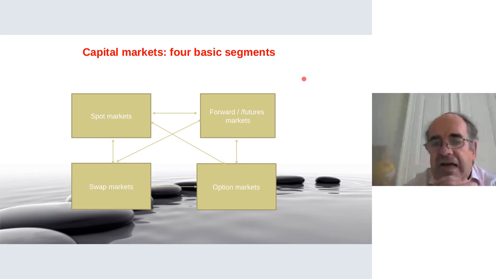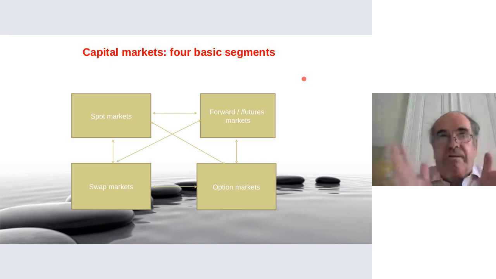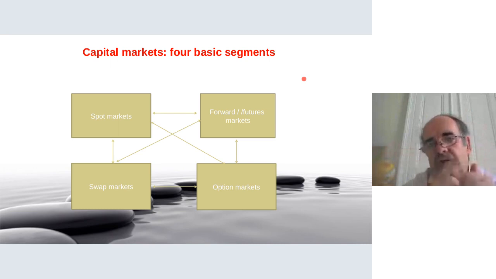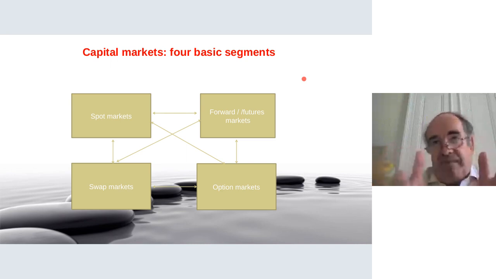And then the last market, the swap market. What is a swap? Here in France and in Europe, students generally know a lot about spot, forward, maybe options, and really they don't know a lot about swaps. I don't know why, because we don't teach swaps much.